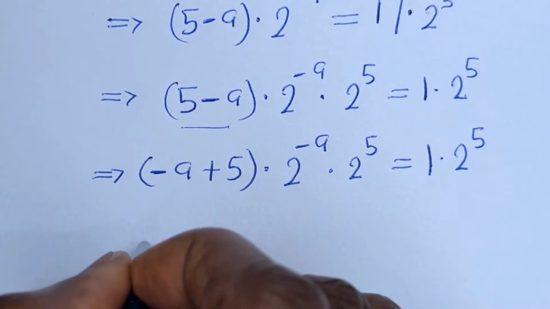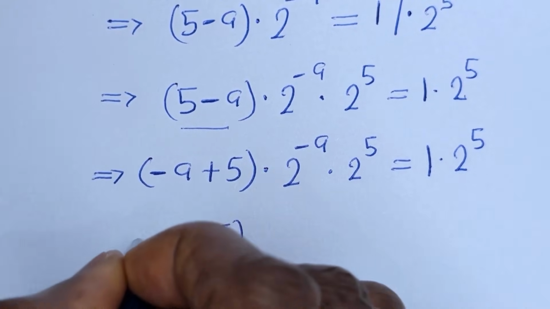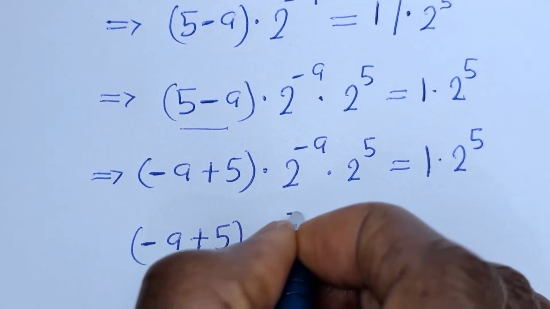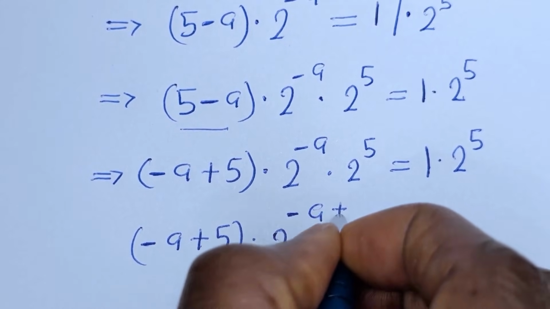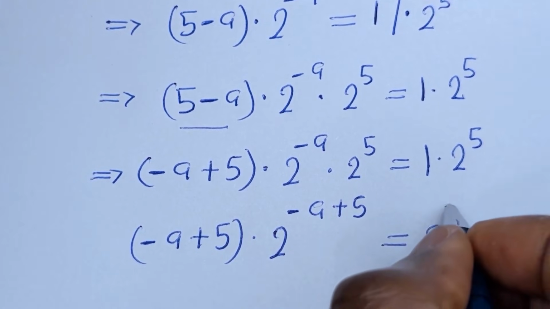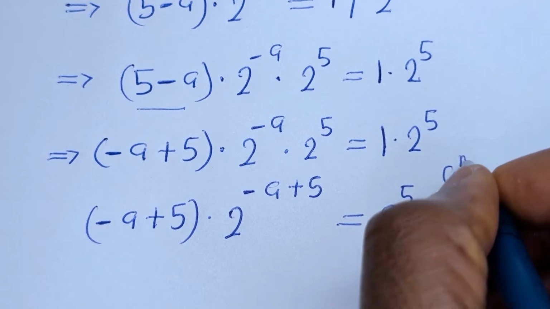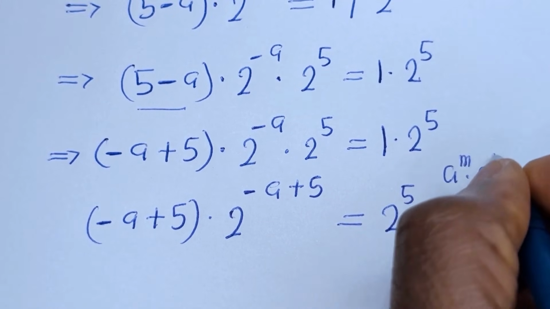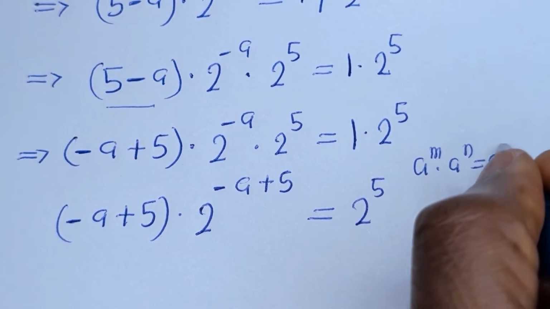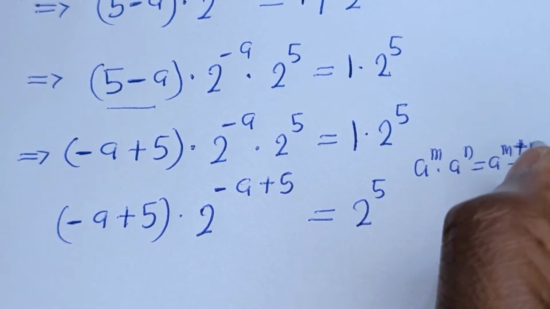Then this is (minus a plus 5) multiplied by, this can be written as 2 raised to power minus a plus 5, is equal to 2 raised to power 5. That is, if you have a raised to power m multiplied by a raised to power n, this is equal to a raised to power m plus n.